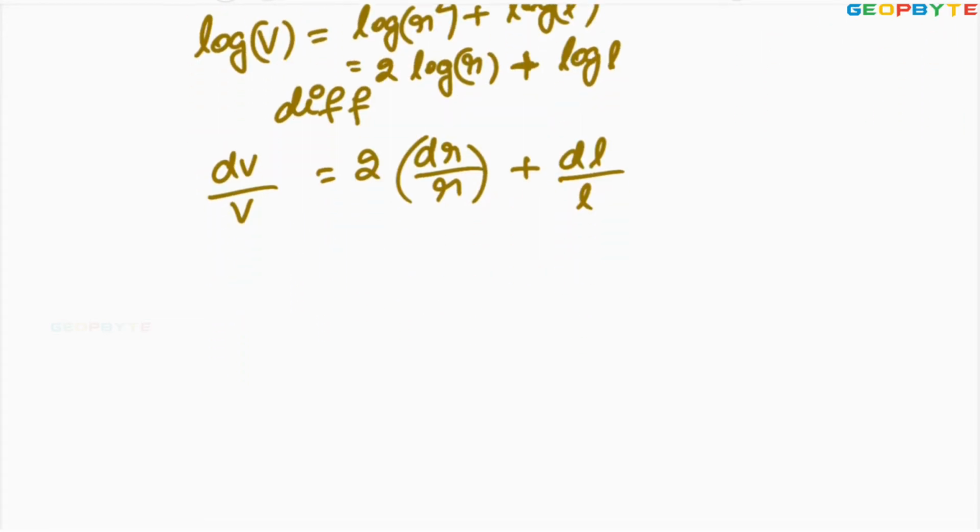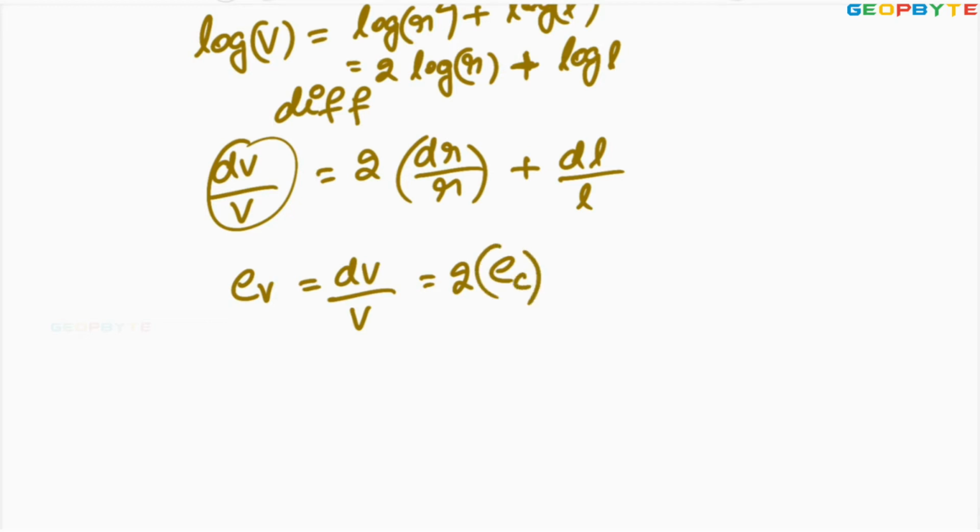Here the change in volume by original volume is the volumetric strain, equal to dV by V, equal to 2 into change in radius by original radius, which is called circumferential strain, plus change in length by original length, which is the longitudinal strain.